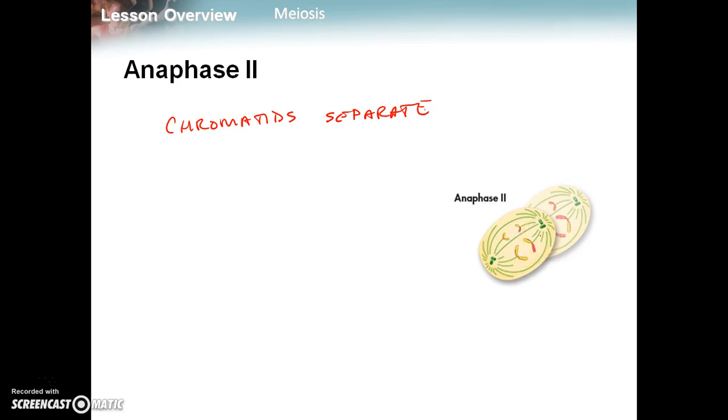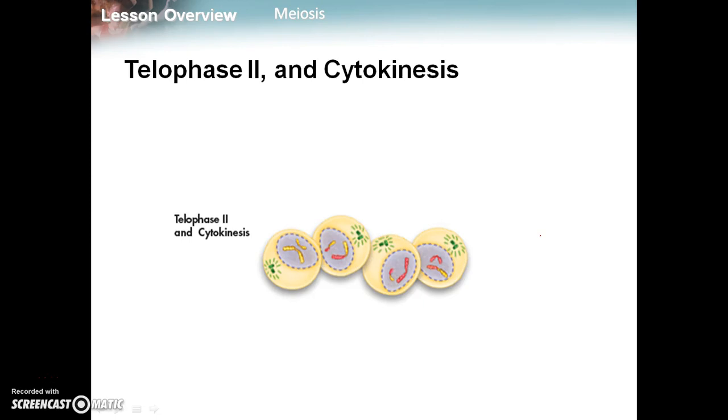And then in telophase 2 and cytokinesis, as shown in this example, we're going to have 4 daughter cells. Four daughter cells are produced and receive one set of chromatids. Each daughter cell has one set of chromatids.